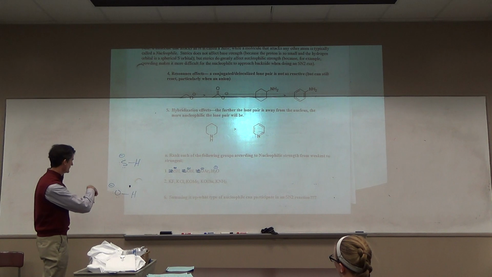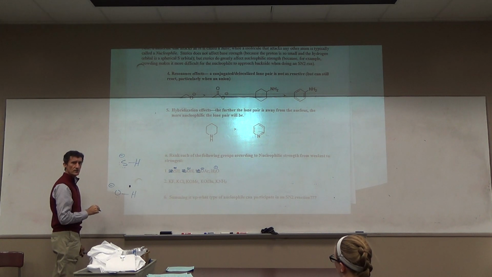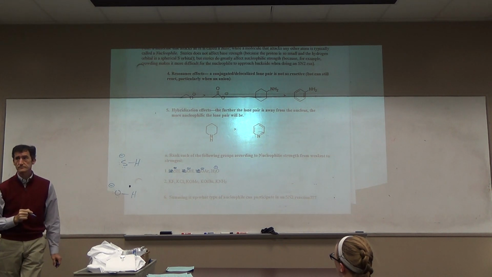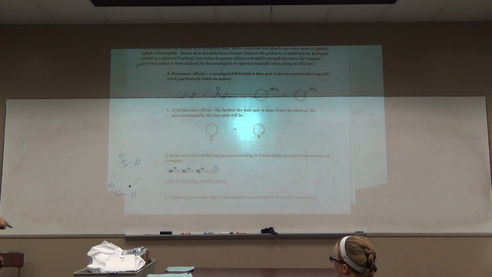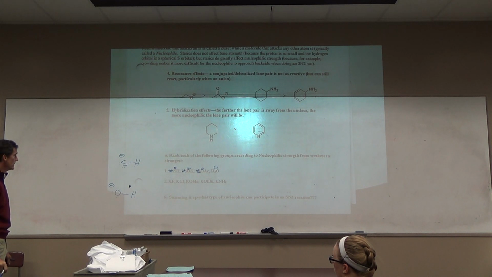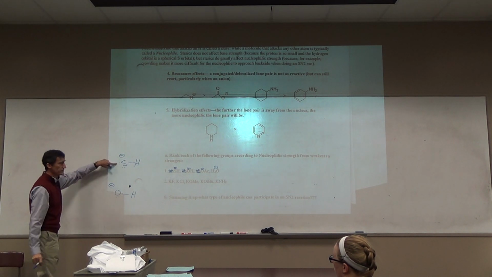Which one's the strongest here? That's nucleophile. S minus. Why? Same reason. I minus is a better nucleophile than F minus. Why? Bigger atom. Electrons more out there. Better nucleophile.